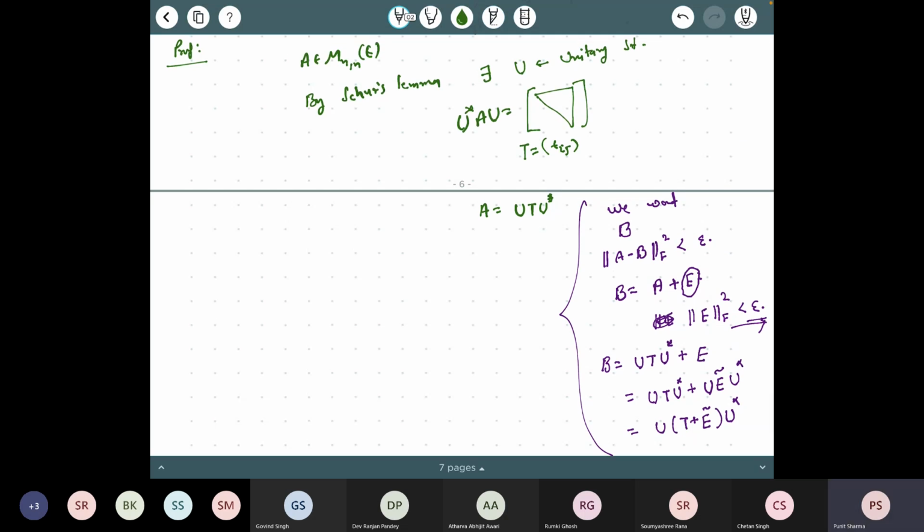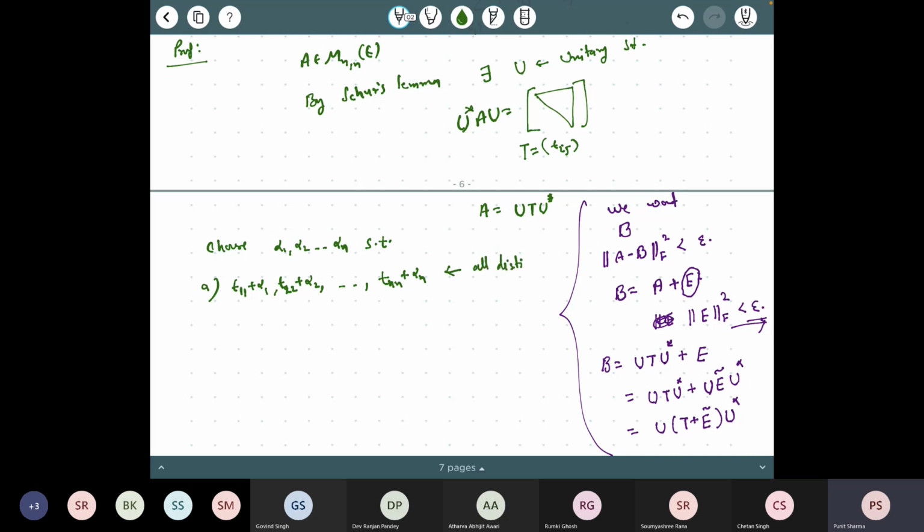So I'll just write what we have explained here. I will choose alpha 1, alpha 2, and so on, alpha n, such that first, t11 plus alpha 1, t22 plus alpha 2, and so on, tnn plus alpha n are all distinct.